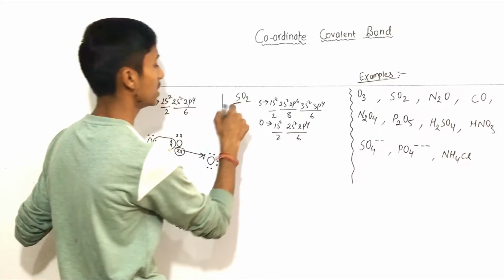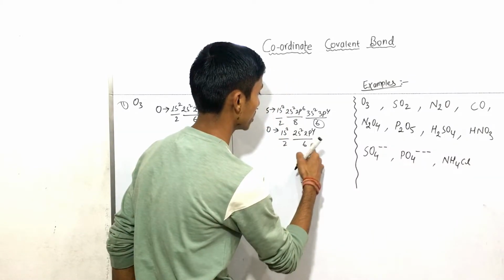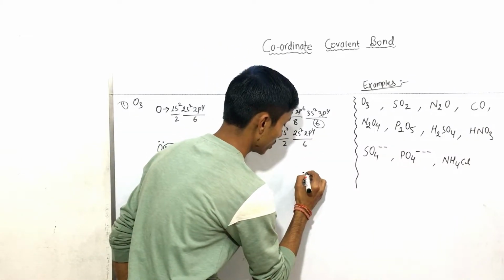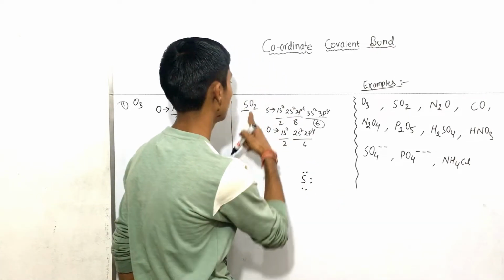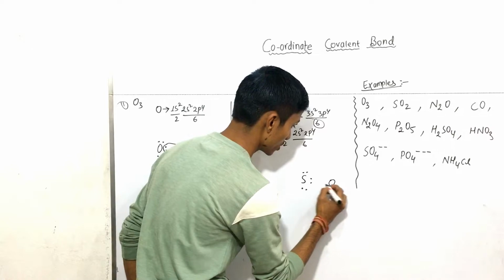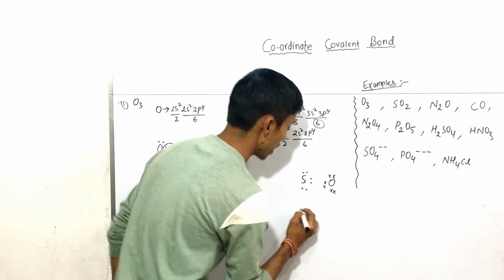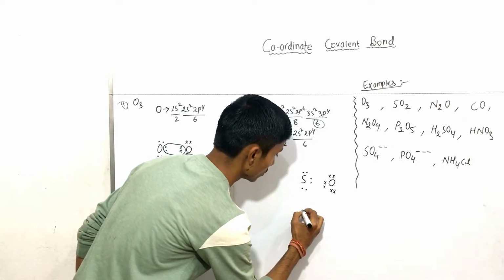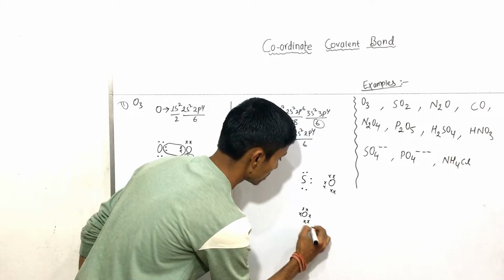Here you can see only 1 sulfur atom and 2 oxygen atoms around it. And its valence electrons are 6, 1 2 3 4 5 6, and here 2 oxygen atoms. So here 1 oxygen atom, 1 2 3 4 5 6, and another oxygen atom here, 1 2 3 4 5 6.